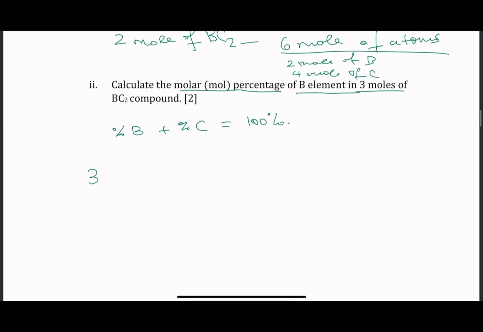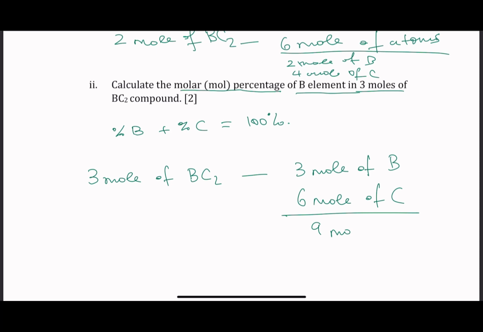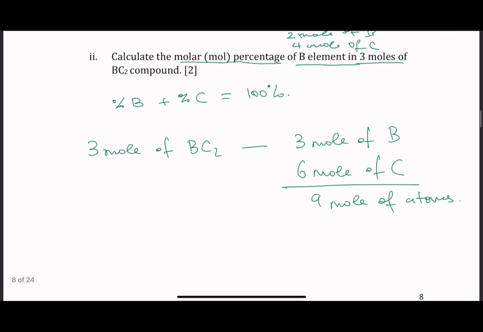Again, if you check the 3 moles of BC2, you have here 3 mole of B atoms, and then you got 6 mole of C atoms. So altogether it would be 9 mole of atoms, right? 9 mole of atoms. Now it's asking you to calculate the molar percentage of B element.